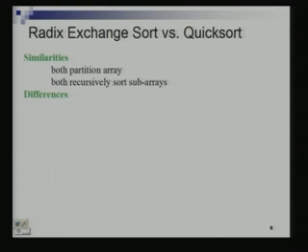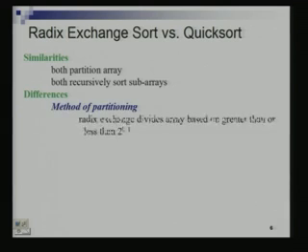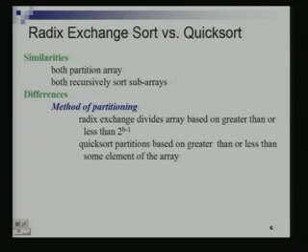We are saying anything more than 2 to the b minus 1 goes in the bottom half of the array, anything less than 2 to the b minus 1 goes in the upper part of the array. So, it is the method of partitioning which makes the difference. In the radix exchange, divide the array based on whether the number is larger than 2 to the b minus 1 or less than, while in quicksort we are partitioning based on a pivot element.